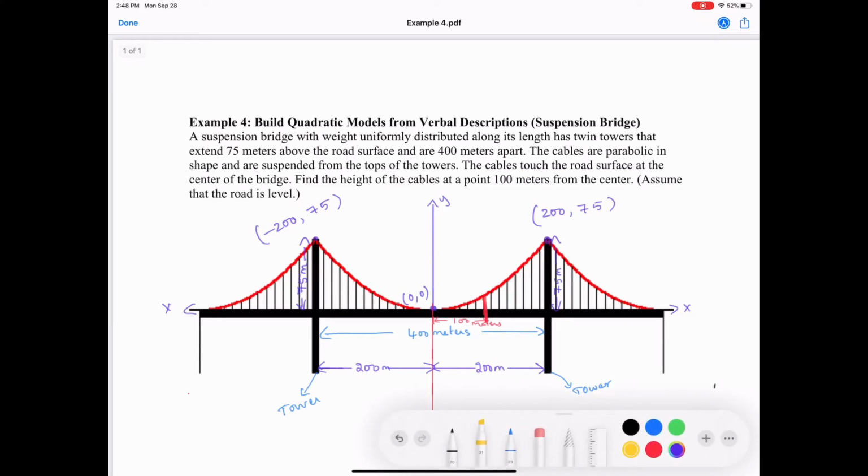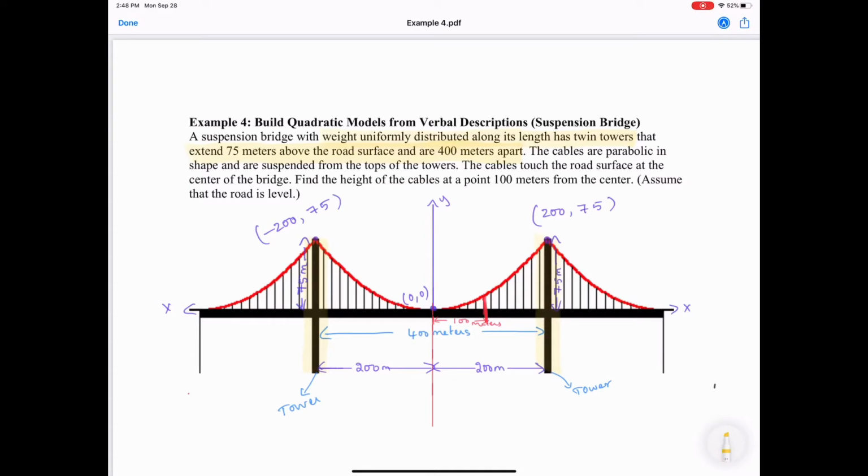A suspension bridge with a weight uniformly distributed along its length has two twin towers that extend 75 meters above the road surface and is 400 meters apart. So actually these are the two twin towers.